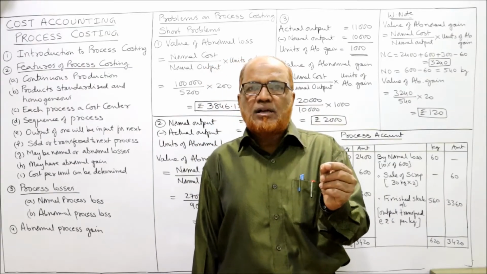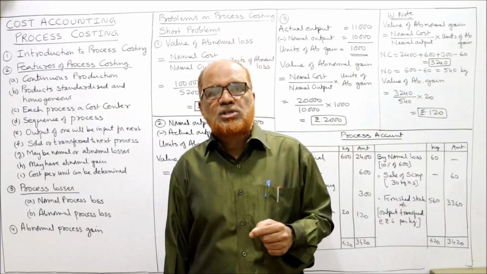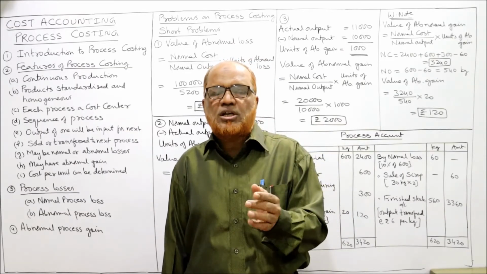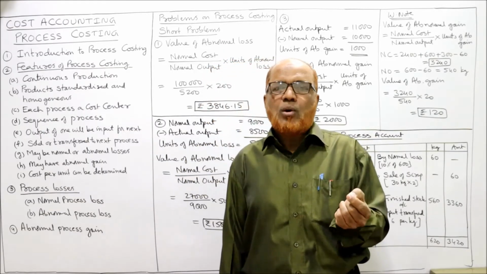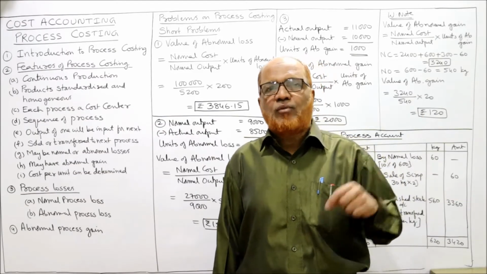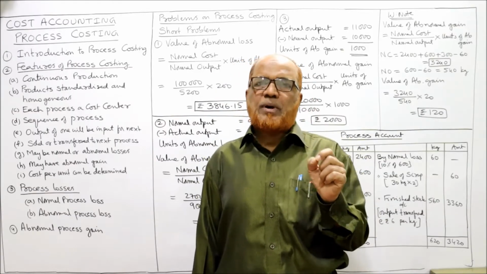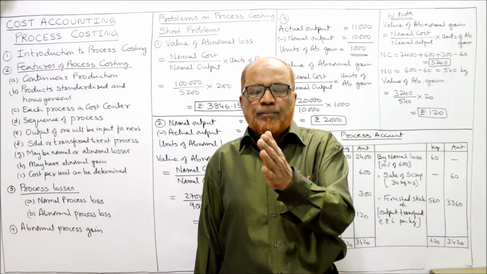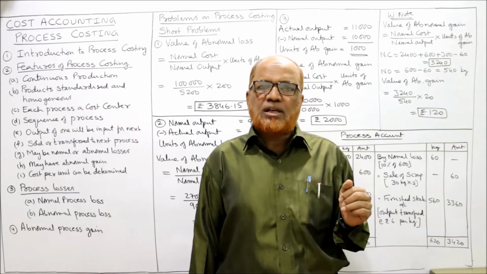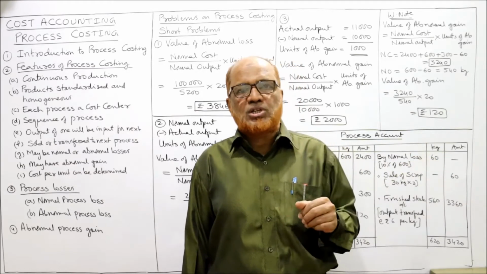Once it is solidified, it will be passed on to the third process, where it will be crushed into small particles. Once small particles are prepared, it will be passed on to the fourth stage. There it will be finished into minute particles. In this way we can see different stages of production. Ultimately we got sugar from the fourth stage.